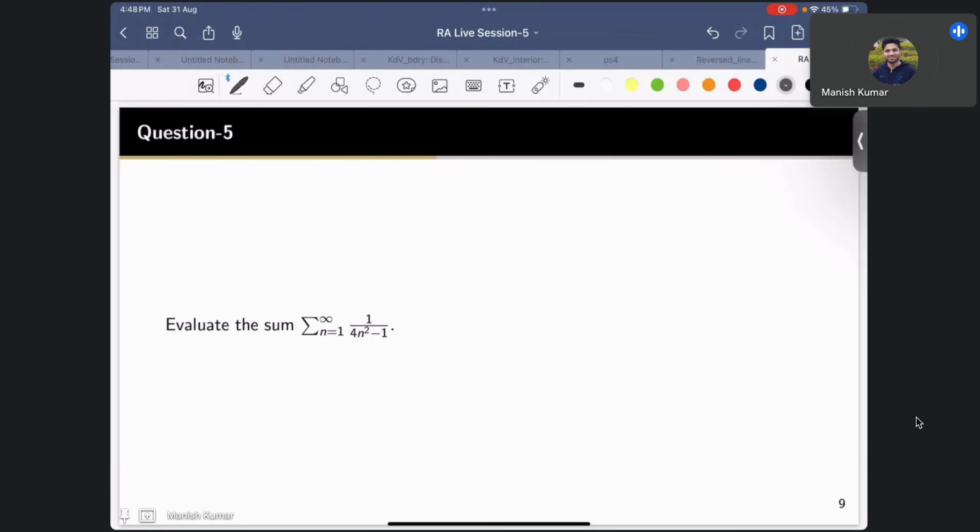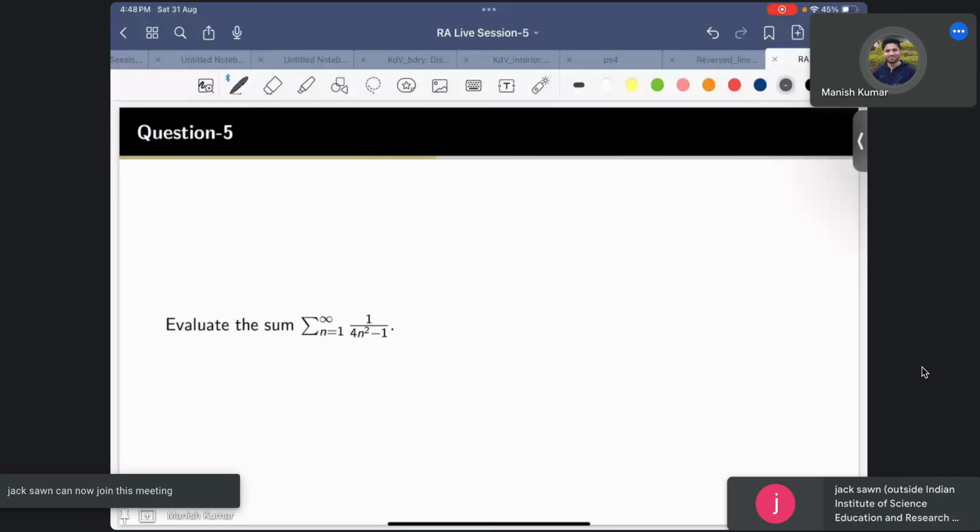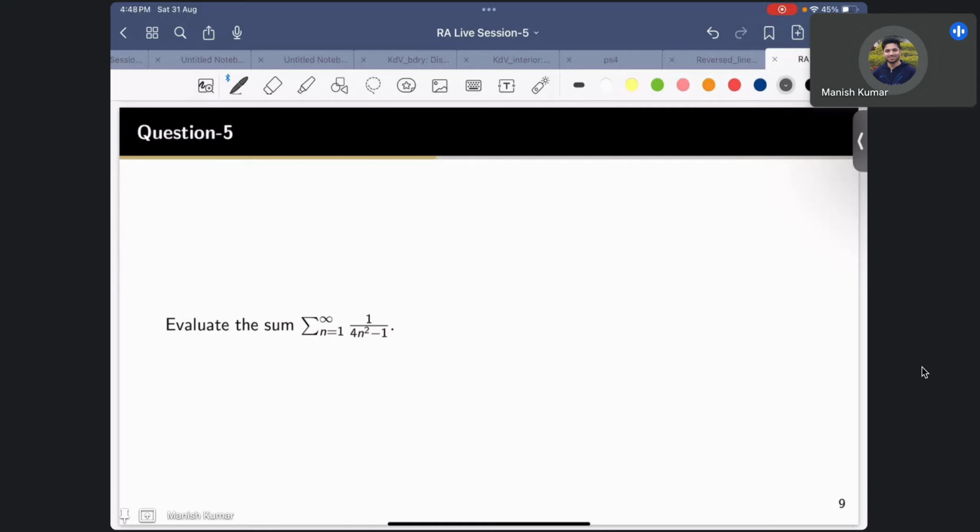When you have to check whether a series is convergent or not, you have to use some tests, which I'll be discussing in the next session, or which must have been discussed in the session from 3 to 5. Today, since I am lagging behind and taking this tutorial for the 5th week, I won't go into the tests. I'll be discussing a few easy problems related to series.